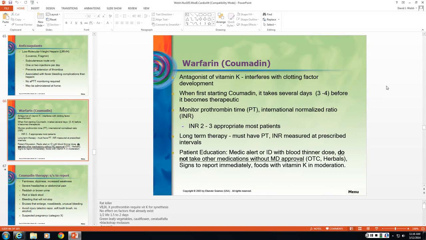With this kind of therapy, you're going to monitor the PT, the prothrombin time, and also the INR, which is the International Normalized Ratio. Your INR is usually going to be between 2 and 3, and that's appropriate for most patients. Now, long-term therapy, they're going to have a PT/INR measured at prescribed intervals.